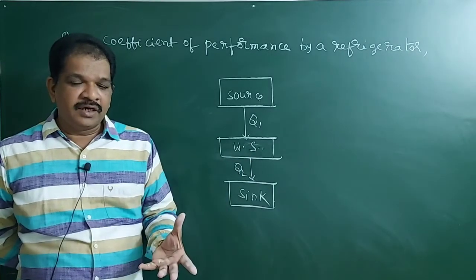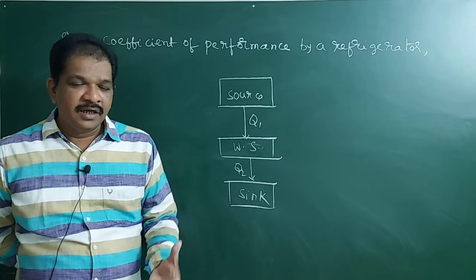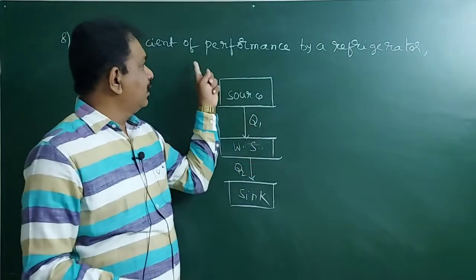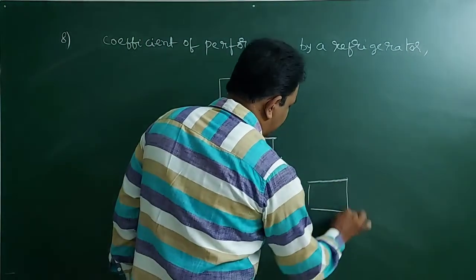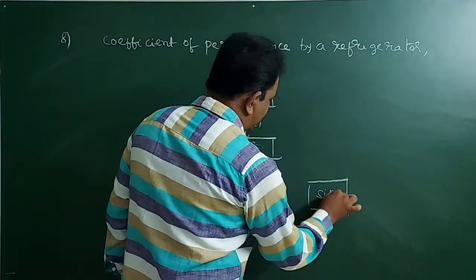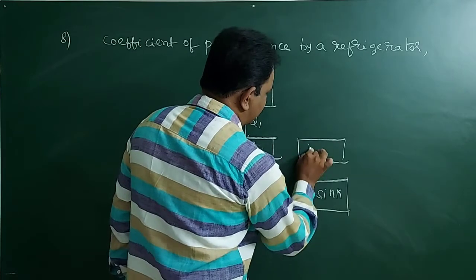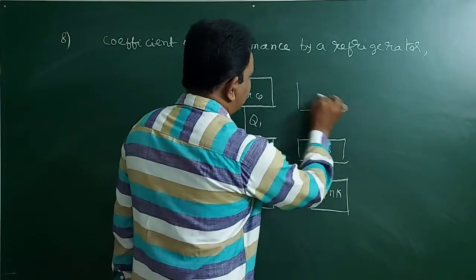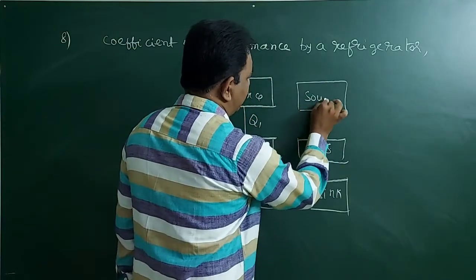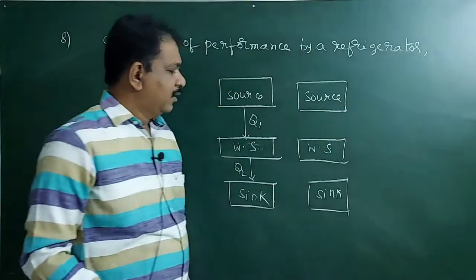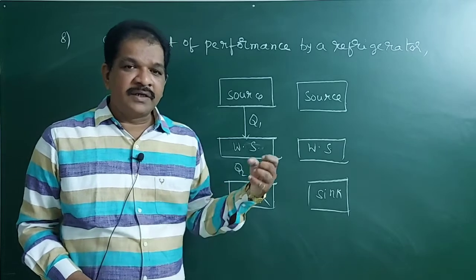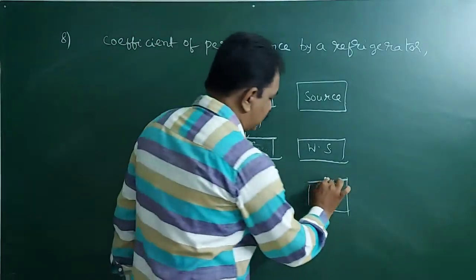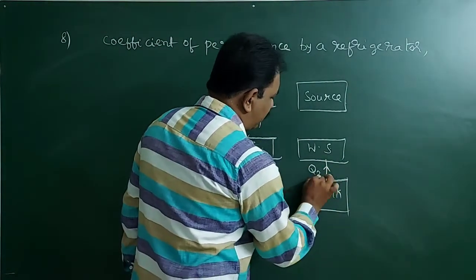Here the refrigerator will be exactly opposite to the working of the heat engine. Here also sink will be there, working substance will be there, and source will be there. From the sink, the working substance is absorbing Q2 amount of heat.